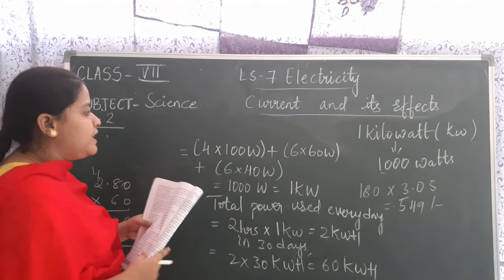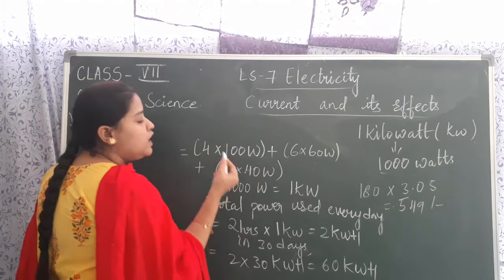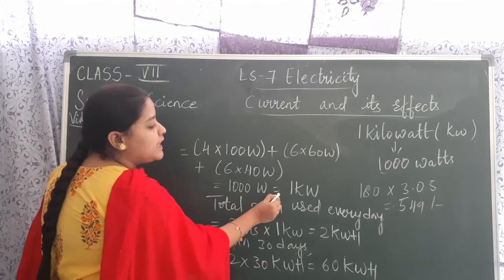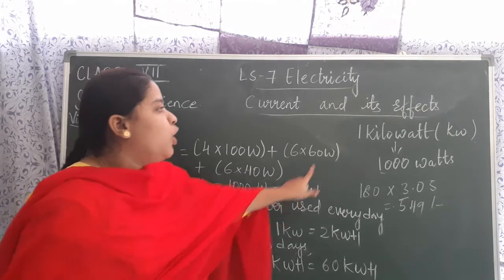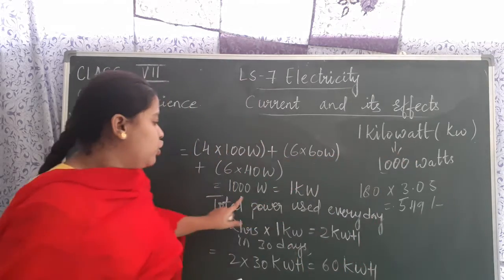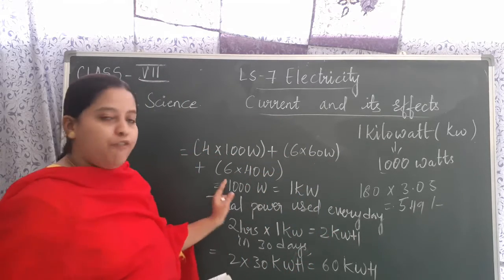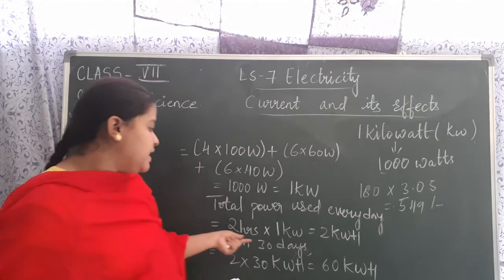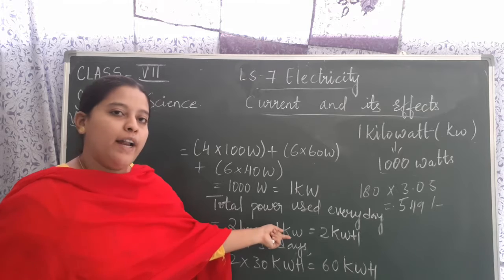If you calculate 4 into 100, 6 into 60, 6 into 40, you will get 1000 watts, which is equal to 1 kilowatt, as I said, children. 1000 watts is equal to 1 kilowatt. This is a formula you must remember. Total power used every day is how much? 2 hours into 1 kW.